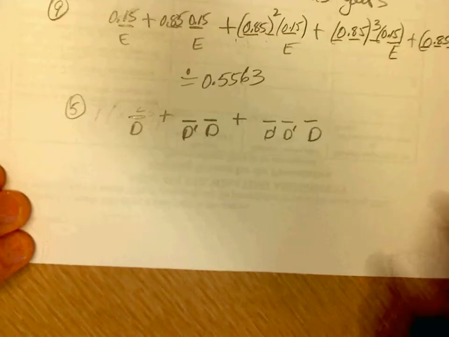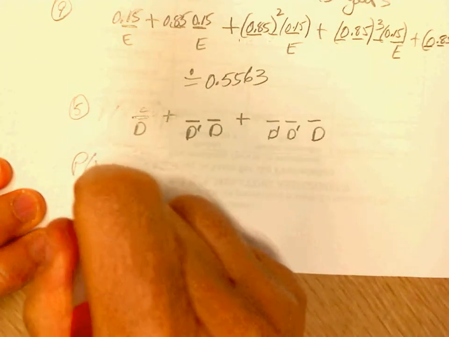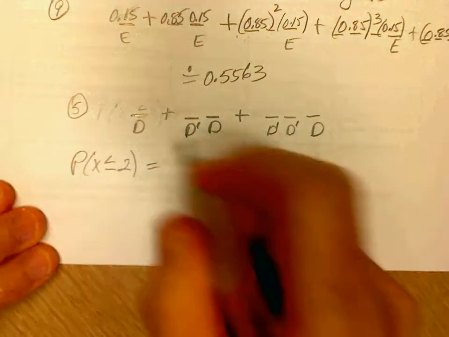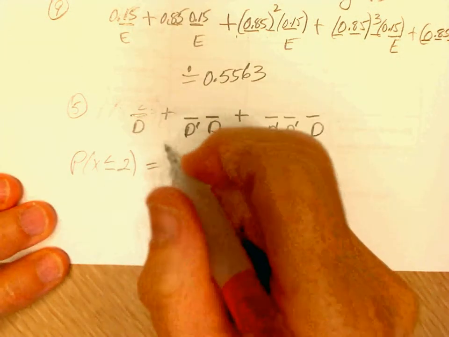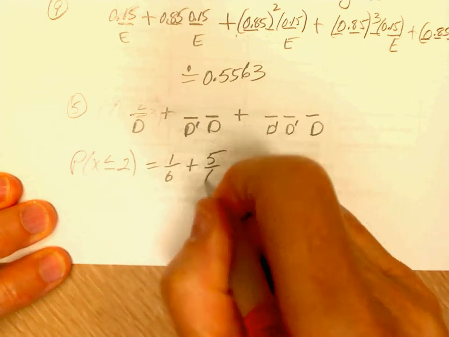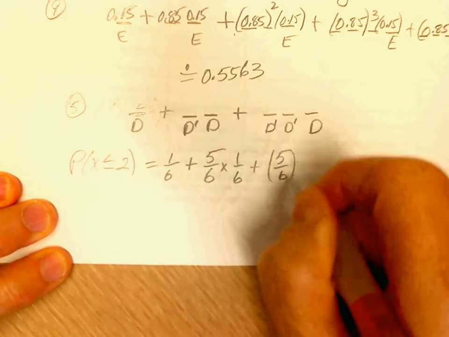So the waiting time here is probability x is less than or equal to 2. So that's going to be probability of doubles is 1 over 6 plus 5 over 6 times 1 over 6 plus 5 over 6 squared times 1 over 6.